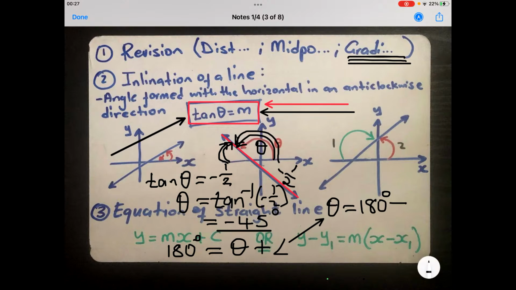So in short, you are going to say 180 degrees minus 45 degrees. You punch that on a calculator and it's going to give you a value. I think is it 135? Yes, because when you add 5, it's 140, plus 40 is 180. So that means that angle of inclination for that line having a negative gradient is 135 degrees. I hope that makes some sense.